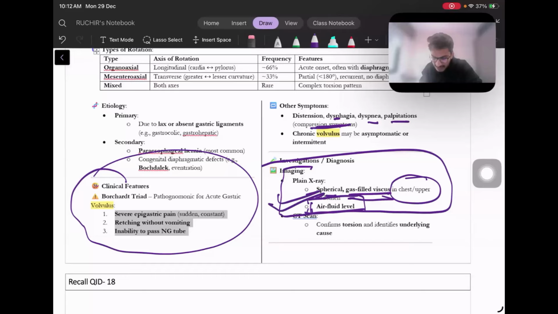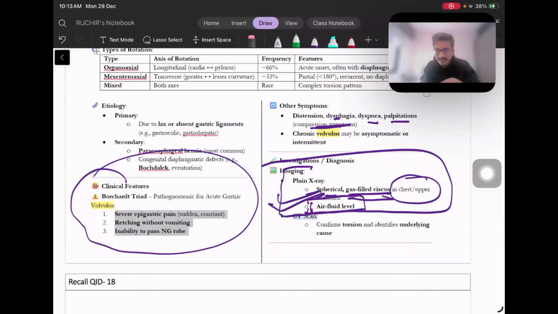This is again a classical, straightforward question. They picked up a line, and it does not mean that the textbook symptomatology or the classic triads are present in 100% of the cases. So don't just pinpoint that there is vomiting, and in gastric volvulus you don't have vomiting. I would not say that only if it is not presenting with vomiting, then I'll put it as a volvulus.